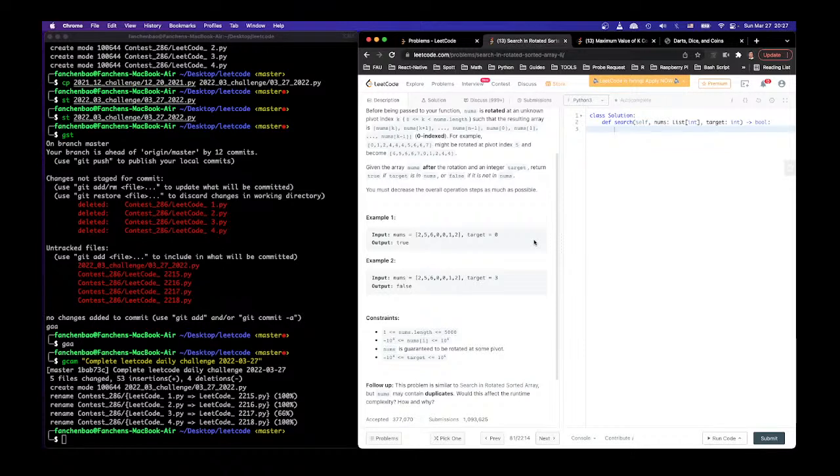do we even need to do that? Why don't we just compare the mid value directly to the target? So let's say I know the mid value is on the left or the mid value is on the right. And then if the mid is larger than the target, we still need to know if it's on the left hand side or right hand side, right?